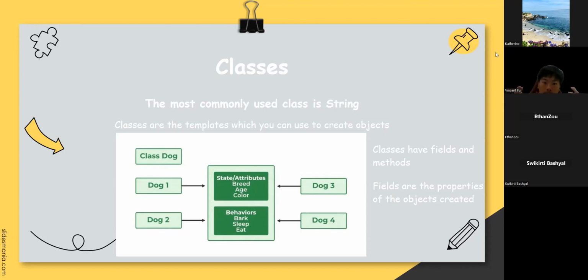And these are all things that we can give to the object. We could make a dog that's 50 years old, but we could also make a dog that's 2 years old. It's up to your choice. And then classes also have methods, and I'll cover this a bit later.